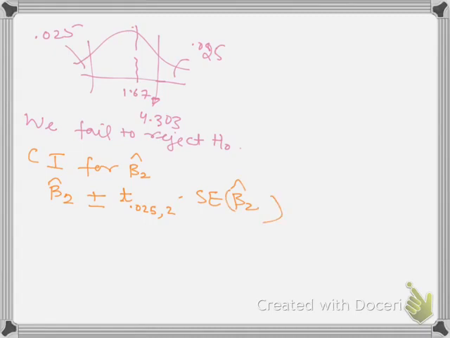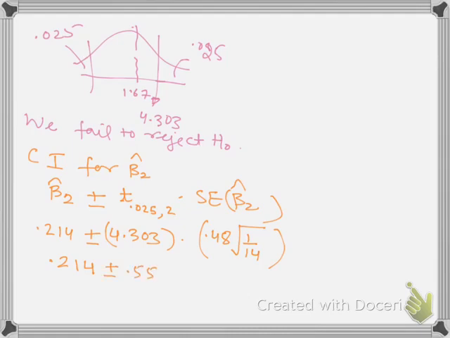So beta 2 hat is 0.214 plus minus the critical value, and the standard error is 0.48 times the square root of 1 over 14. It comes out to be 0.214 plus minus 0.552.